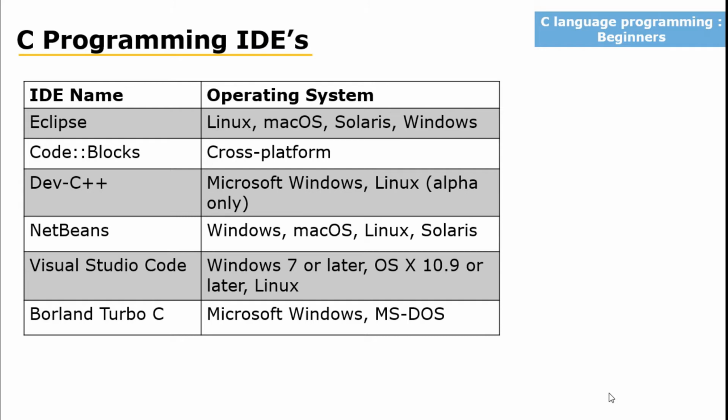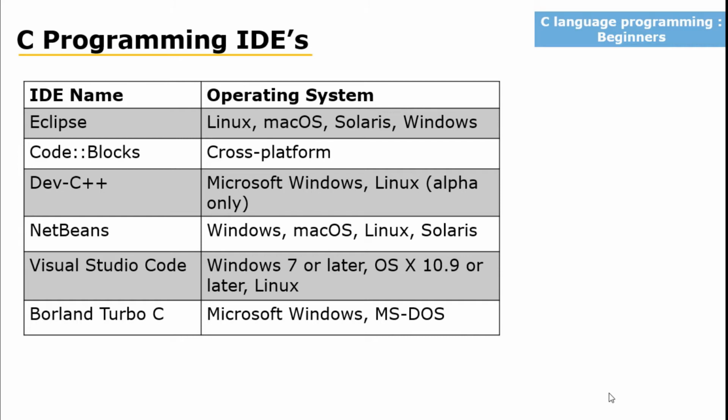Now let's see a few IDEs used for C programming. These are a few IDEs used for C programming: Eclipse, Code Blocks, Dev C++, NetBeans, Visual Studio Code and Borland Turbo C. And one more thing to note is that the availability of these IDEs will differ from one operating system to another.